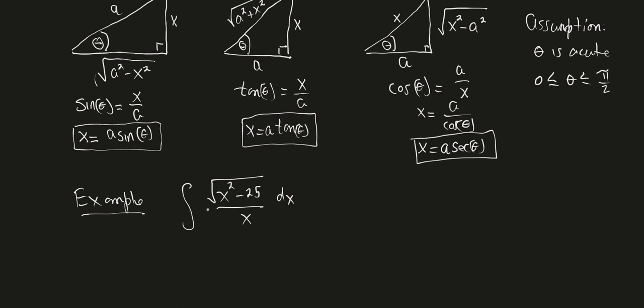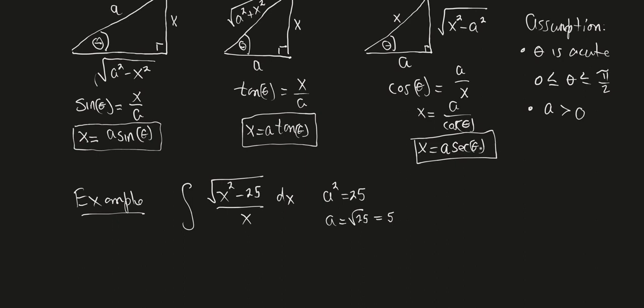Based on the form, it looks like it's the third case. We can see the square root of x squared minus 25, so it matches this particular form with a squared equals 25. With the earlier assumption that a is positive, a is the square root of 25, which is 5.